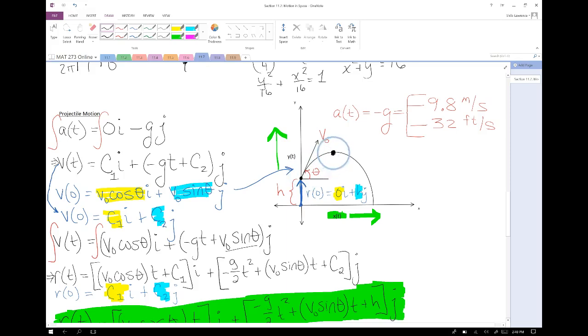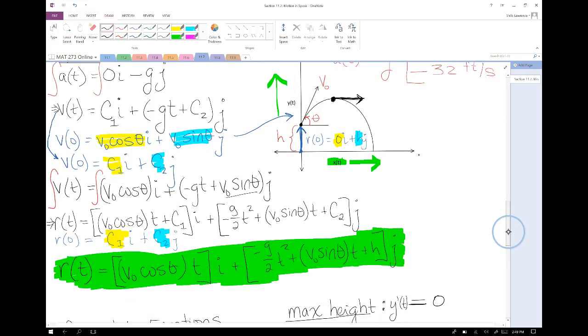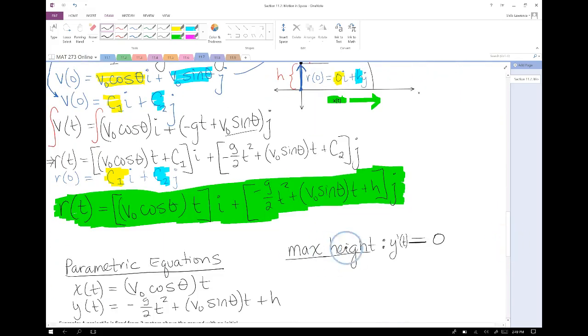And what's special about that point is that we have a horizontal tangent line there. Since we're working with vector valued functions, we will have a horizontal tangent vector there. And remember, our velocity vector is our tangent vector, and velocity is first derivative. And height only refers to what's happening in the y direction. So we can find maximum height by solving where y prime of t equals 0.